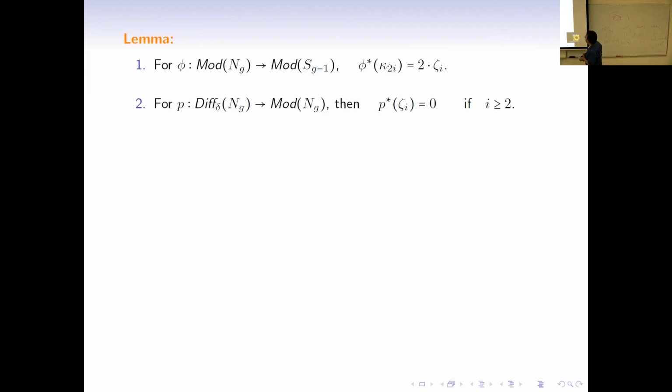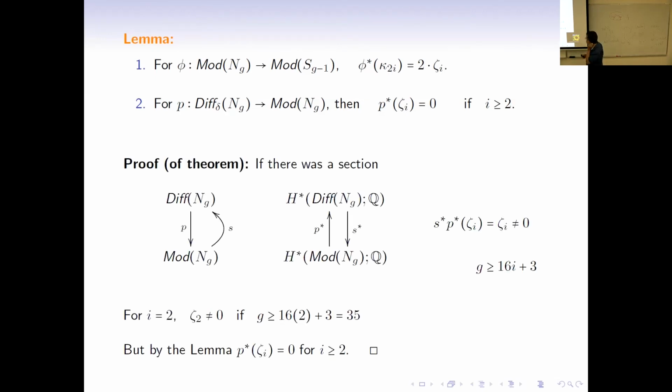So also, what happens with the non-orientable and the orientable mapping class group, and it turns out that the image of kappa 2i is twice... you give the group of diffeomorphisms the discrete topology. You can prove that there is no section.